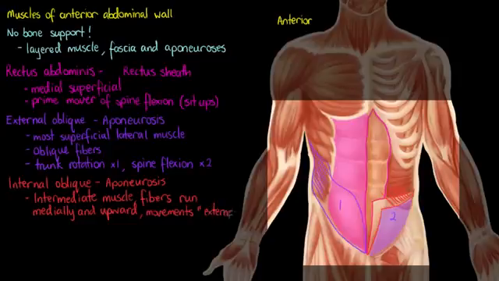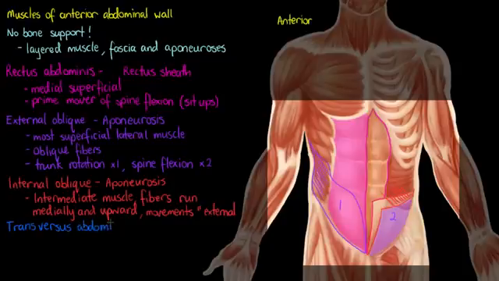And as far as the movements are concerned, they're exactly the same as your external oblique. So if you were to activate one, it would help you with trunk rotation, and both at the same time would help you with spinal flexion. So same as external.